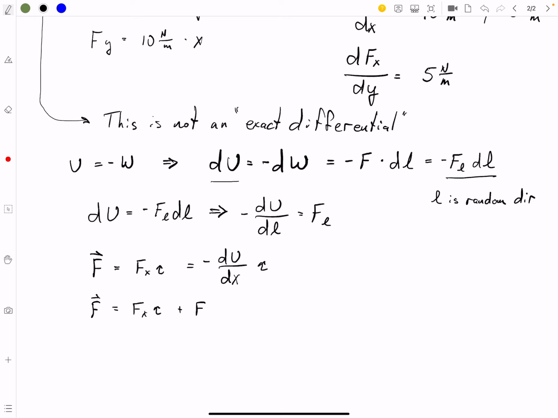So we're going to add y, and that equals minus the partial of u with respect to x, i hat plus, I said plus, but what I really mean is negative, minus the partial of u with respect to y in the j hat direction. All right, so far so good.